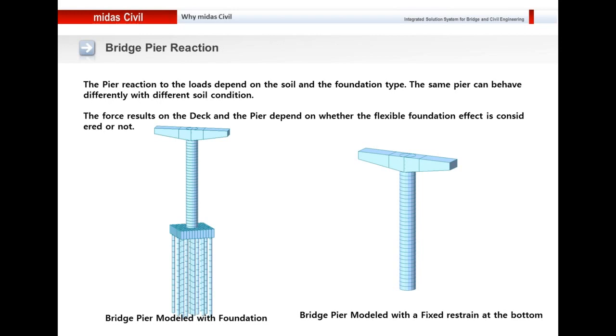The same is the case with the pier. If you model the pier supports, the results can be different from the case when you do not model the pier supports. Generally what we do is we just apply a fixed support at the base of the pier, and we perform the analysis to obtain the design results in the superstructure, at the pier cap and the pier itself, and this way we design the structure.